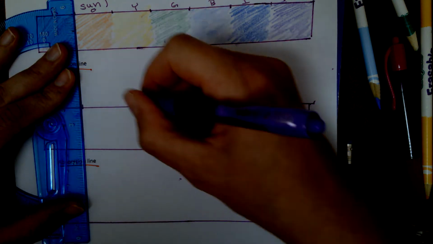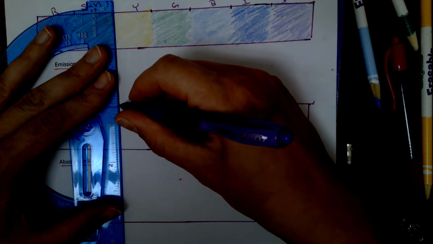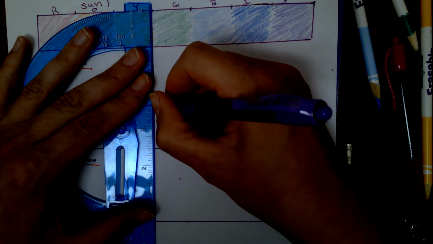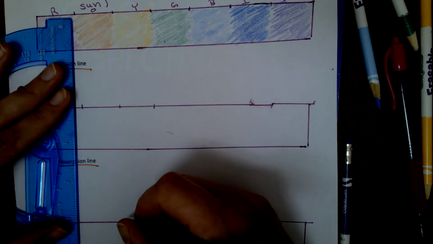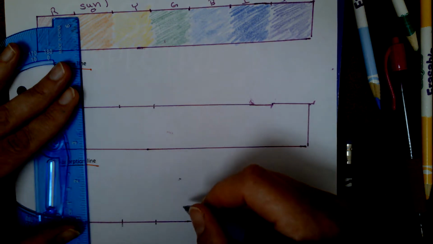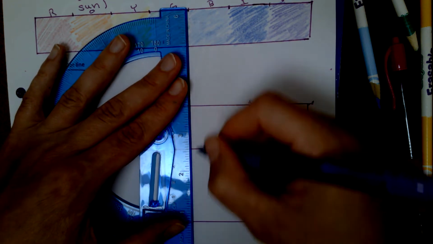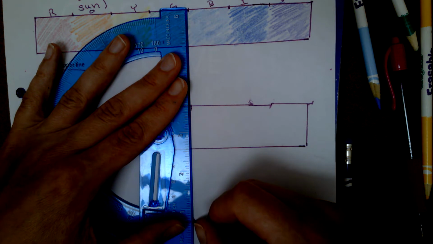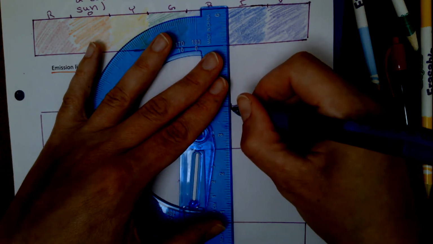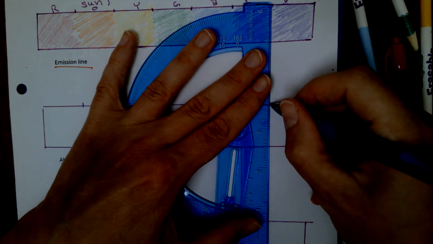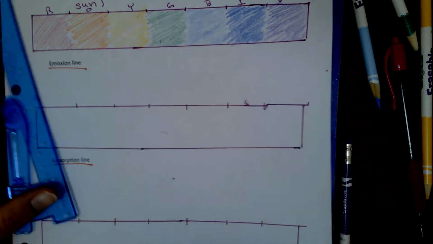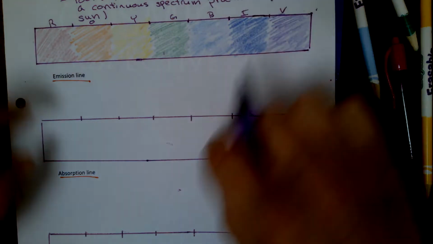And we're going to even extend those little dots that we had above. We're going to extend those down here. All right, so you see that the box pattern is the same.